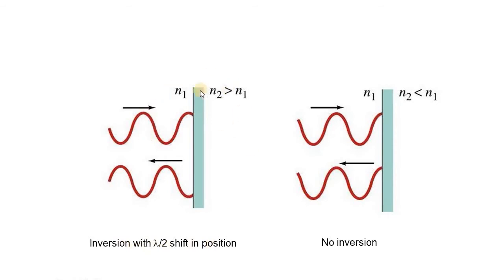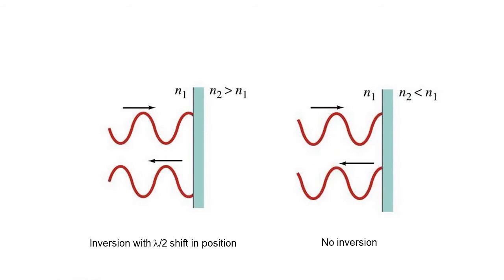For this to occur, the refractive index of the second medium should be greater than the first medium through which the light was initially traveling. And if the light ray travels from a medium of refractive index n1 and hits a medium of refractive index n2 such that n2 is less than n1, upon reflection there occurs no inversion. There is no phase difference between the incident and the reflected light waves.